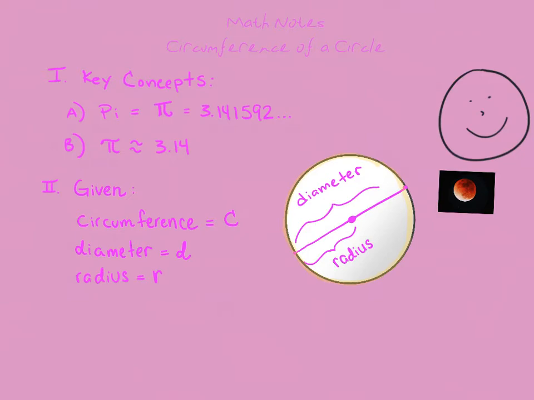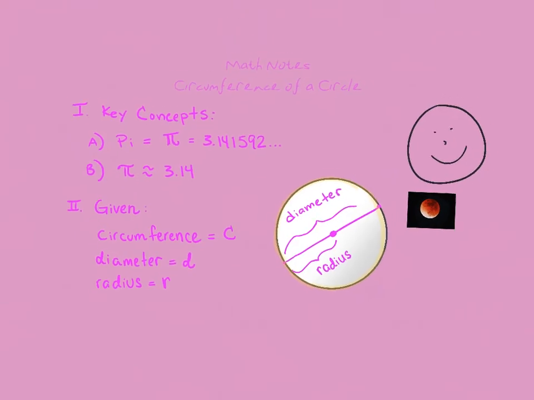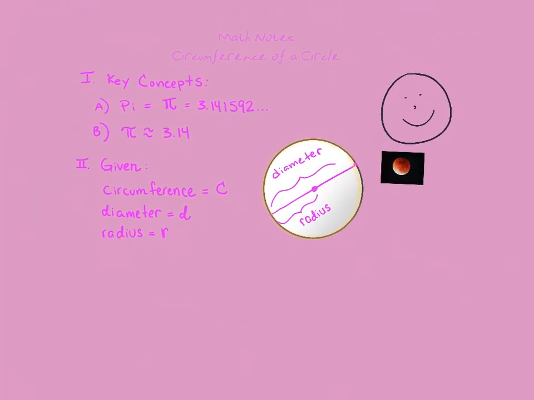Okay, I want to make sure that we have everything we need. There is one more thing that I'd like to say about radius. Let's make this a little bit smaller. The radius of a circle is equal to half of the diameter.